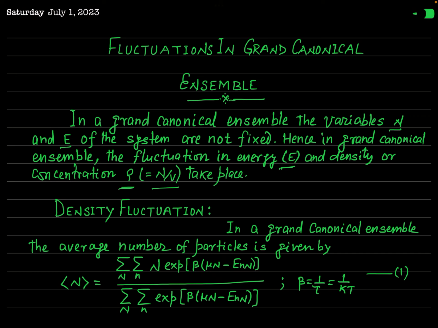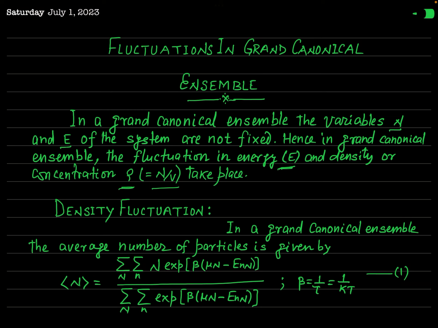Definitely you should try yourself to find the energy fluctuation in grand canonical ensemble, as I have told you, on the same basis as I have calculated this fluctuation in case of canonical ensemble. Only the partition function will be changed, all things will remain the same. So now let us try to find the density fluctuation in case of grand canonical ensemble.